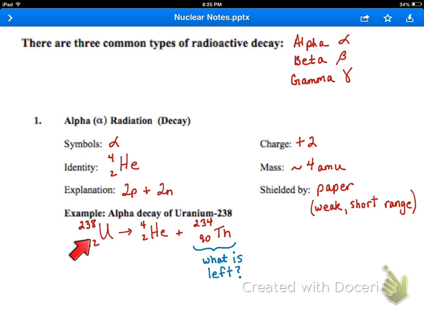We started out with 92 on the bottom, and we took away 2, so we have 90 on the bottom. And then because it's 90, we look up 90 on the periodic table, and we find out that that is thorium, which is Th, and so therefore the symbol is Th. So this is what is left over after we take out the alpha radiation. And that's how we write a nuclear reaction for alpha radiation.